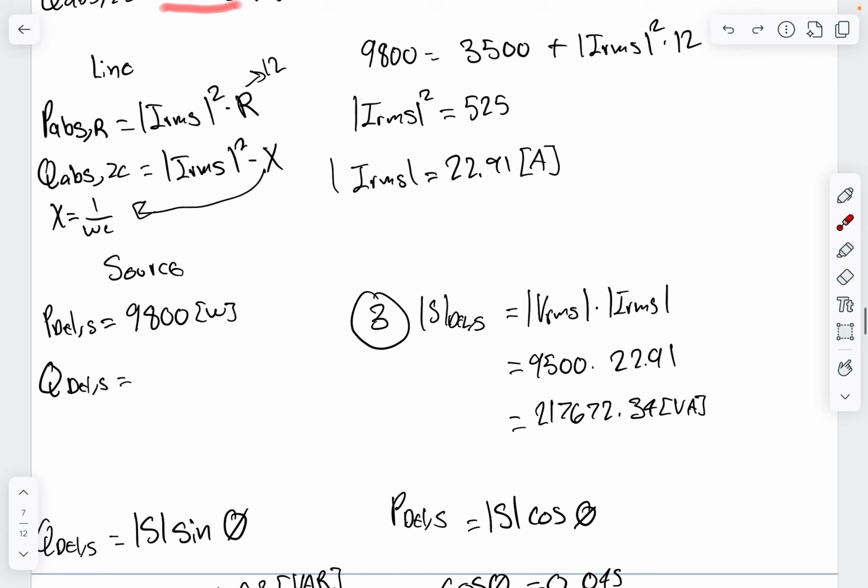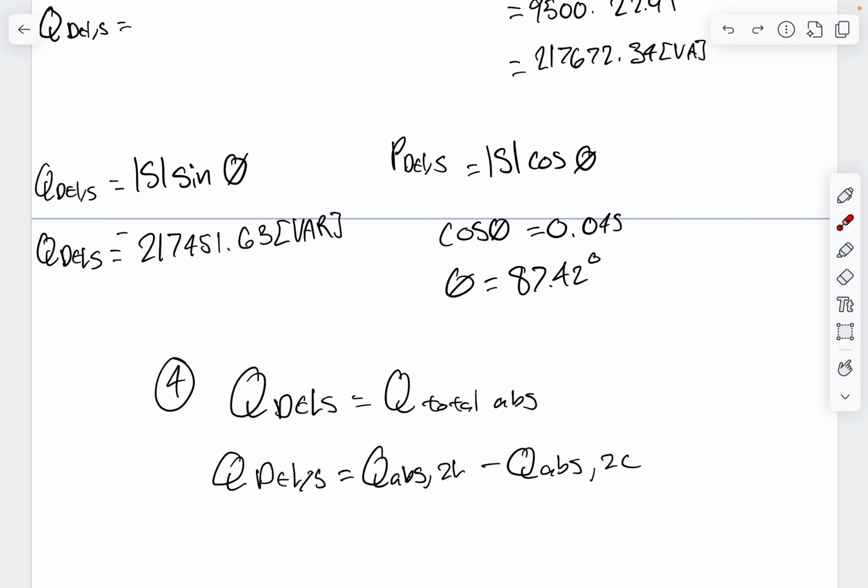But if it's negative, it's going to make sense, because if the power delivered is greater than the power absorbed, we're just going to subtract from the power absorbed, and the value we get is not going to make sense. But if we make it negative, then it's going to fit into our equation.